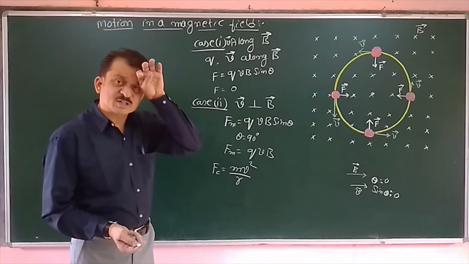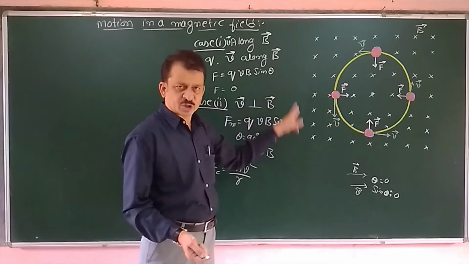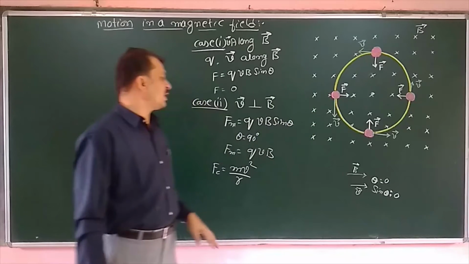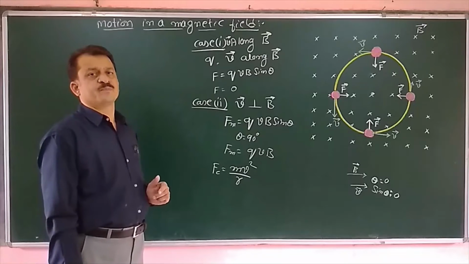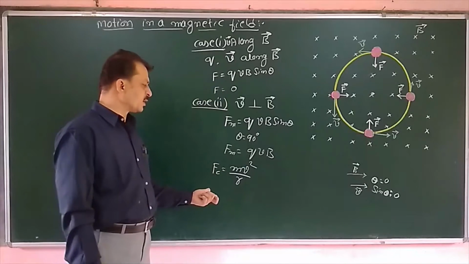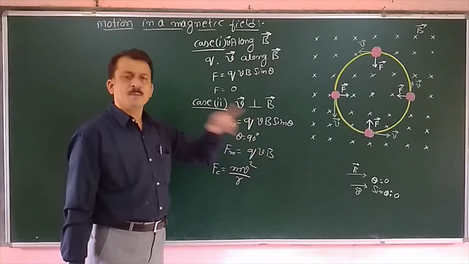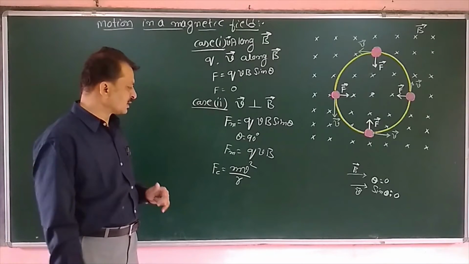The centripetal force is necessary for the circular motion here, and that is provided by the magnetic force. So for circular motion, a centripetal force is needed; who provides it? The magnetic force provides the centripetal force.